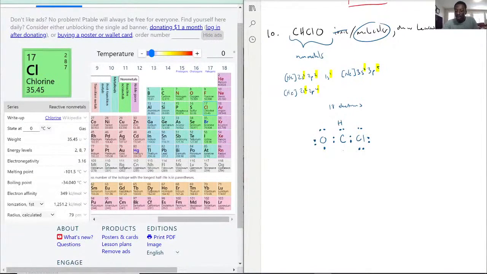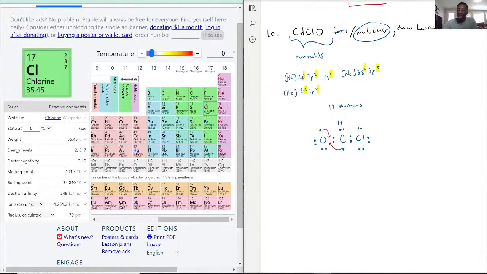And carbon is sharing 3 of its 4 right now. To satisfy the octet rule, the carbon and oxygen are going to form a double bond.